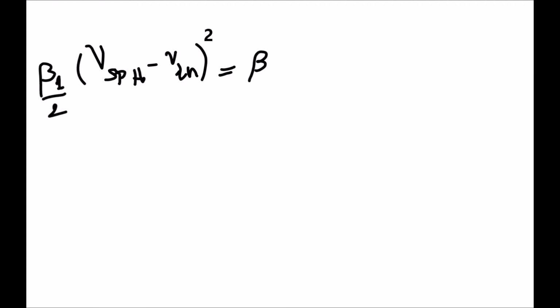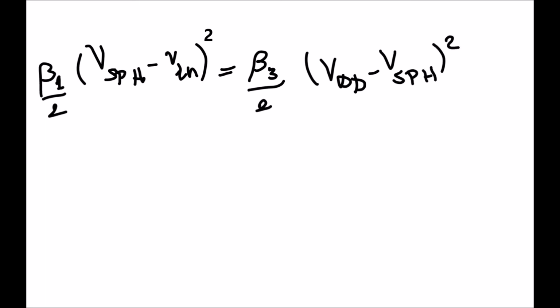Let's write it here. Beta 1 over 2 times (V switching point high minus VTN) squared equals beta 3 over 2 times (VDD minus V switching point high) squared. Let's have a closer look at this equation.